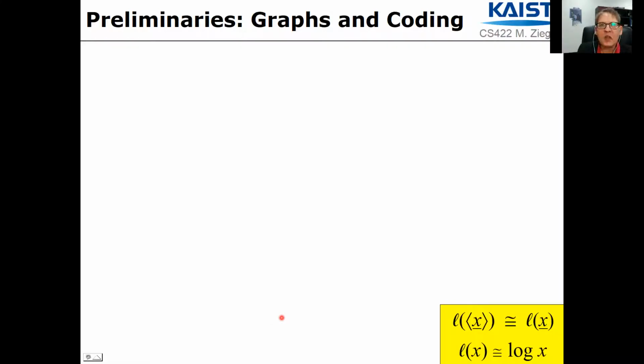And we're going to particularly consider graph problems. And to this end, we need to discuss some ways of encoding graphs as integers.